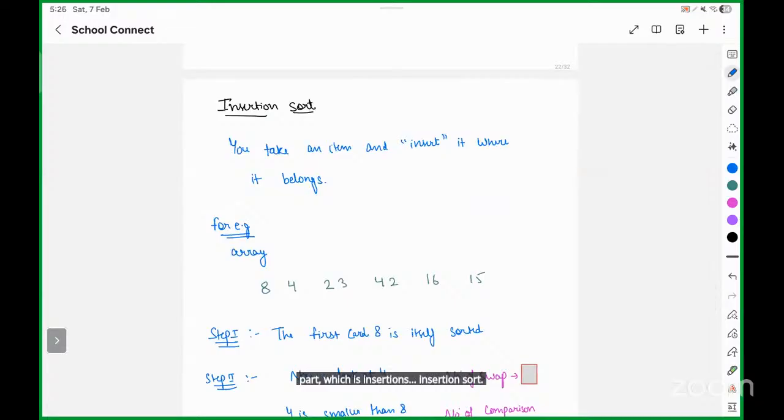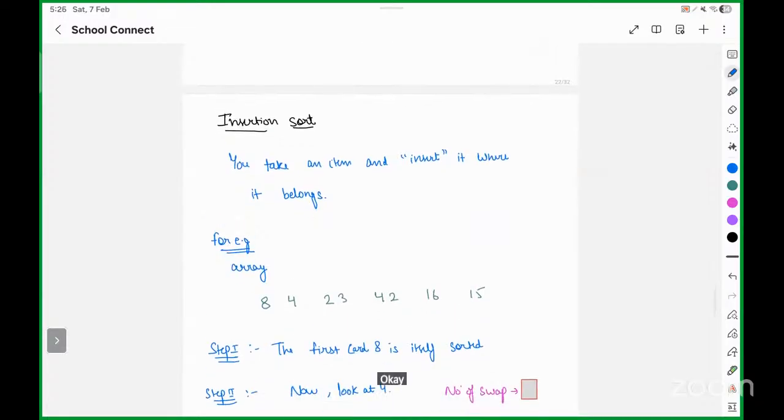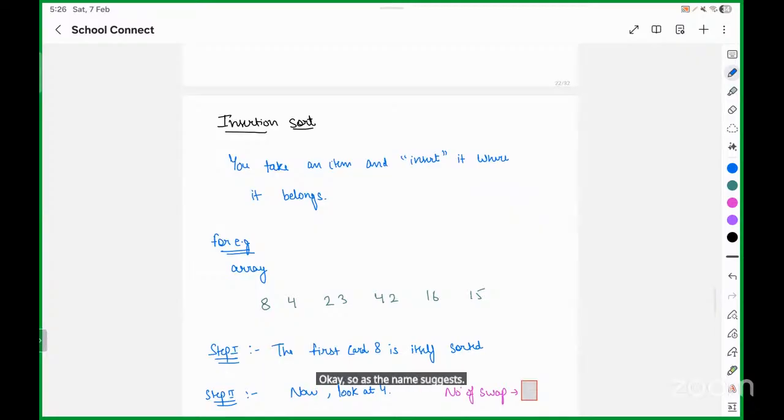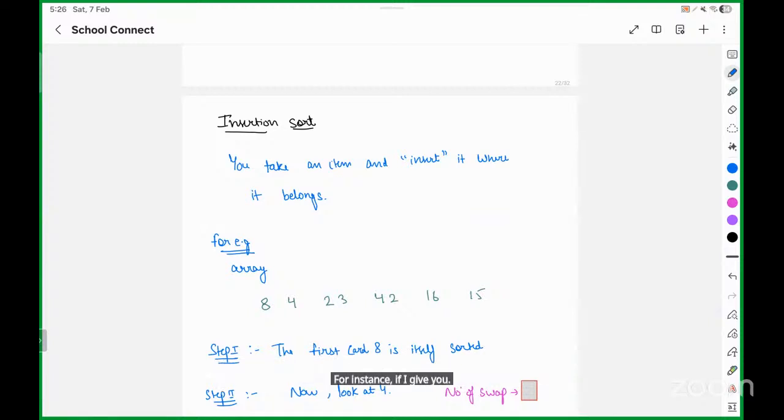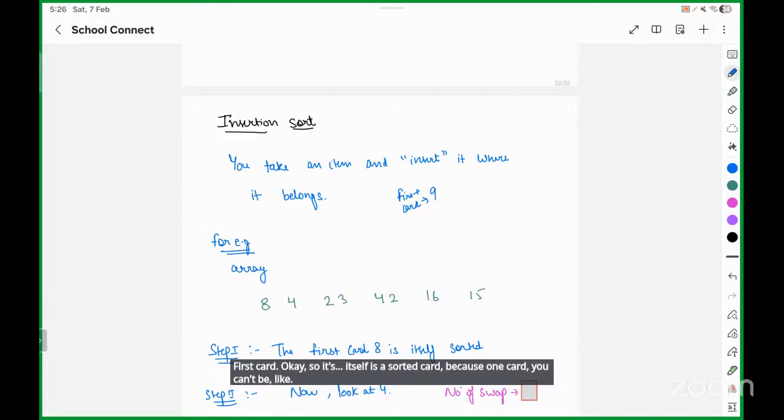So insertion sort. As the name suggests, you will take an item and insert it where it belongs. I will explain this in the form of cards or numbers. If I give you one card, 9, the first card, it is itself a sorted card, because with one card you can't say increasing or decreasing order.